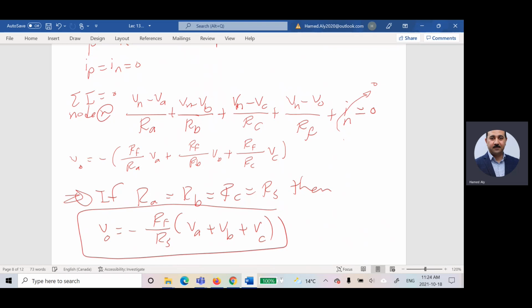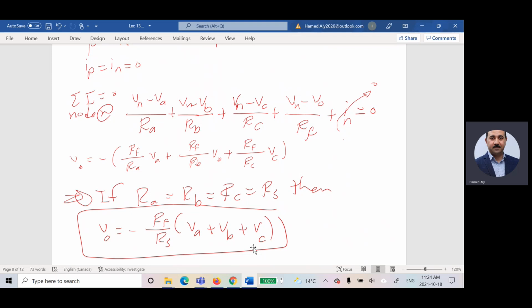This is in case of what? In case of Ra equal to Rb equal to Rc equal to R source. If all sources have the same R, at that time the output is equal to negative the gain multiplied by the summation of the input voltages. Based on that, I'm calling this operational amplifier a summing operational amplifier.